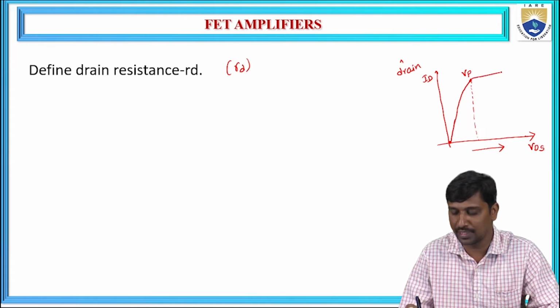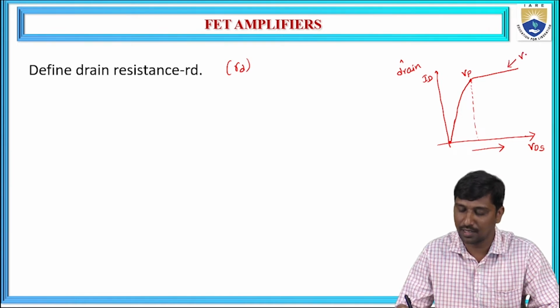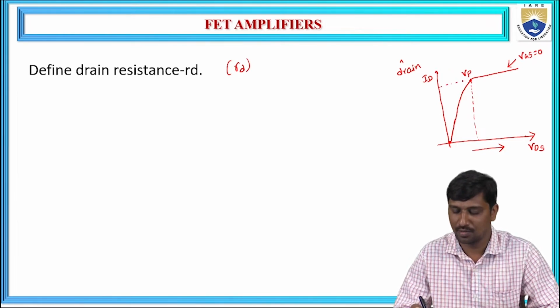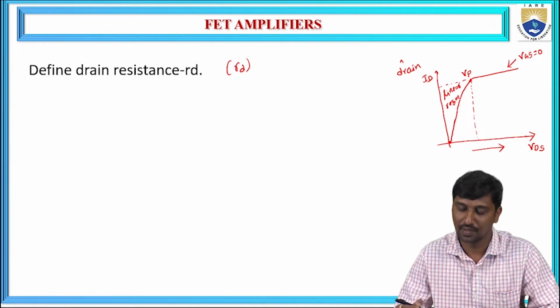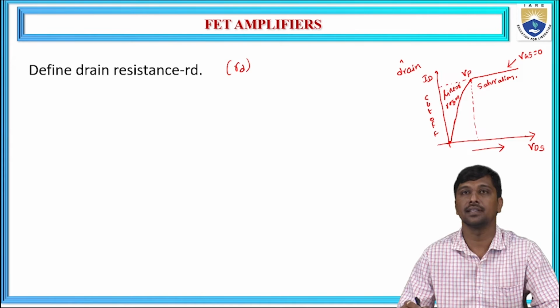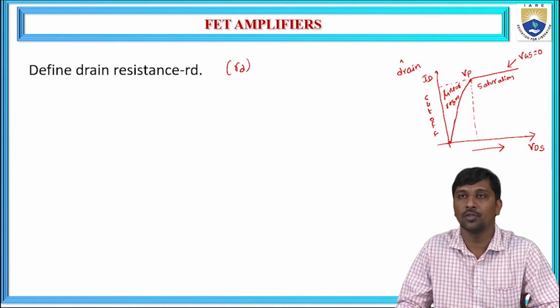After this pinch-off voltage, the drain current becomes saturated, or constant, and this is observed at VGS equal to 0. This region is called the linear region, below the zero line is the cutoff region, and from VP onwards it is the saturation region. Clear? So hence, we are going to observe.